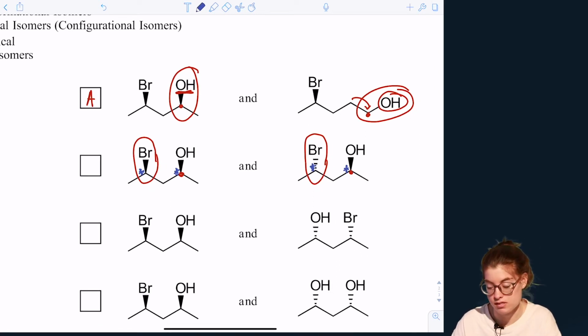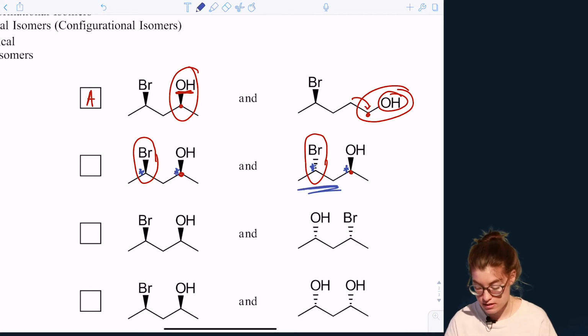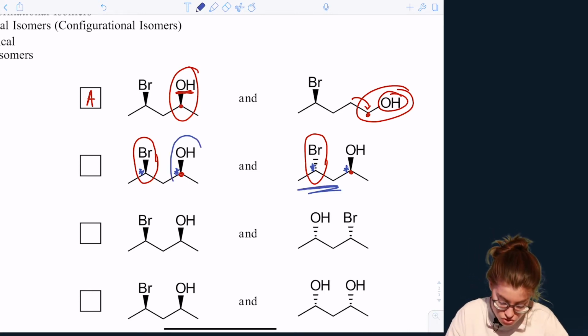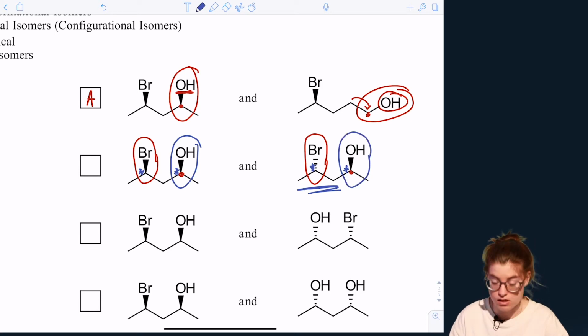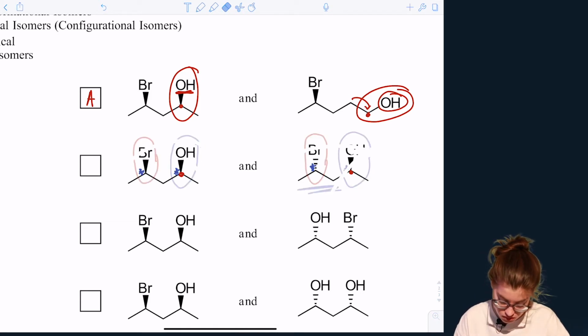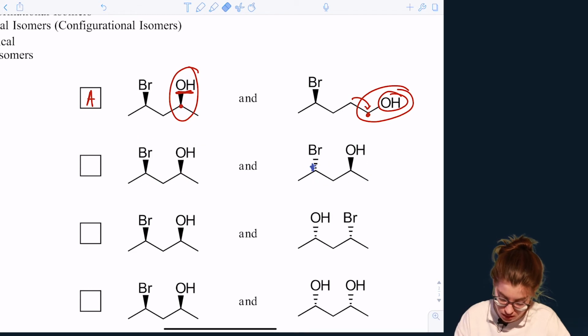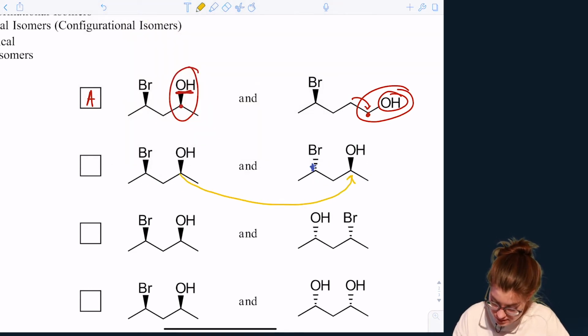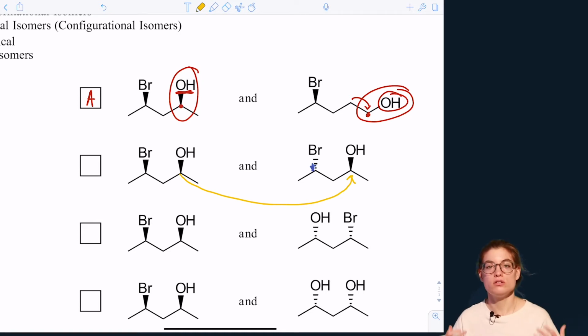In other words, the bromine has the mirror image in this molecule, but the hydroxy group remains on the wedge in both of those examples. So let's draw what I see here. Here, I see an identical spatial relationship.